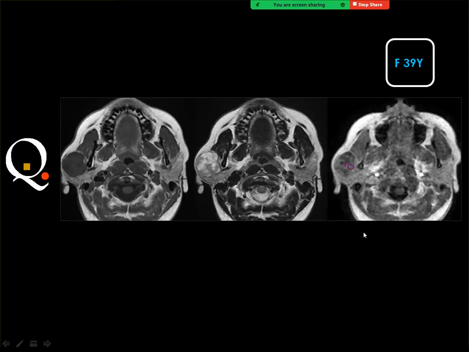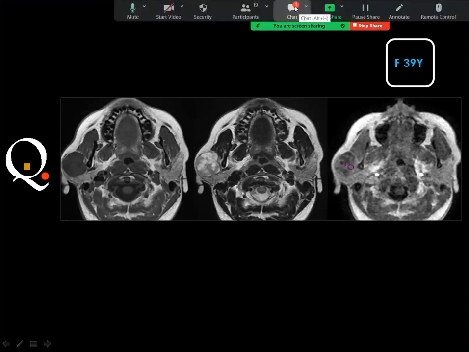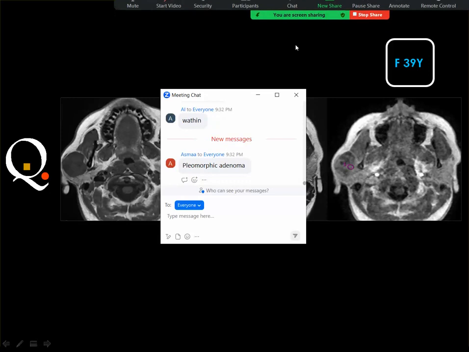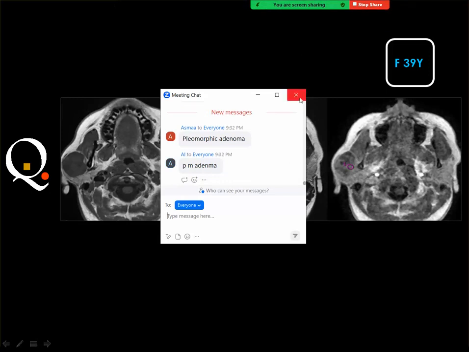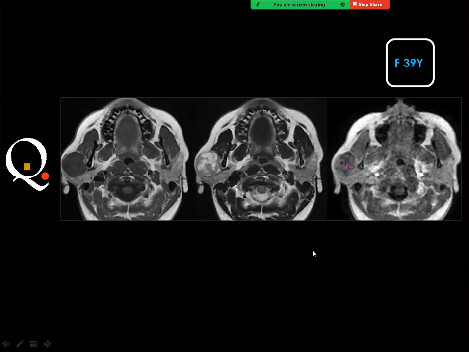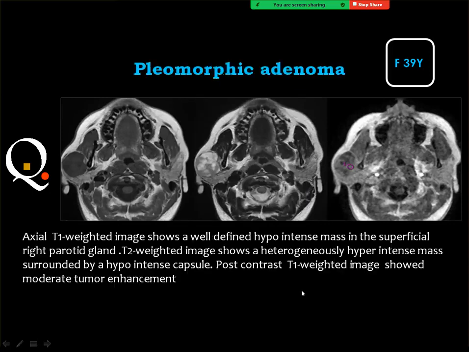But you know that Warthin tumor is seen in males particularly, those who are of relatively old age, and they are smokers. But this is a young female, and this is classic for pleomorphic adenoma of the parotid gland.